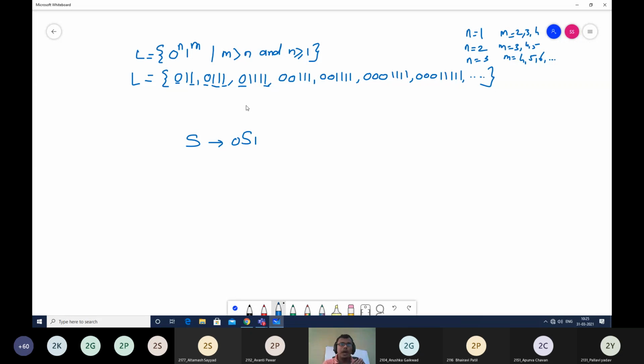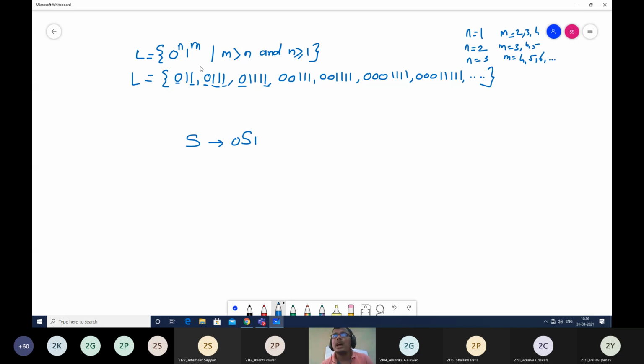So for the 0, I have the corresponding 1, but in between I should be able to get more ones, and minimum I should get 1 1 in between, because my first string is 0 1 1. So for that 0, if I have a corresponding 1 on the right, in the middle I'll have a single 1. Then next time I need 2 ones, then 3 ones, and so on. So it is as good as 1 plus. Minimum 1 1 is required. This is for repeating the number of ones.